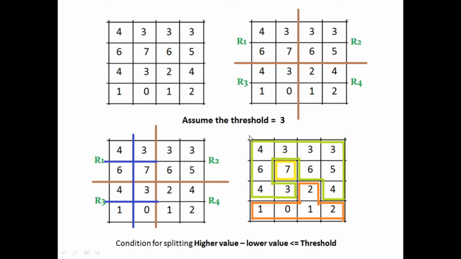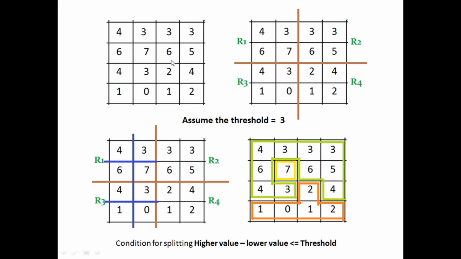Now let me assume the threshold appropriately. I am selecting the threshold as 3 units here, to demonstrate the working principle of how to split or merge a given input image.